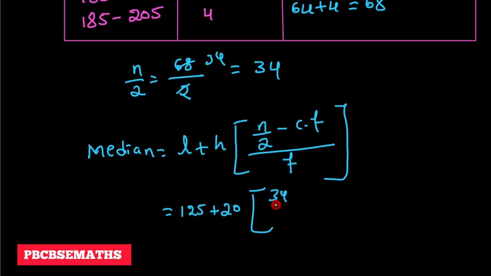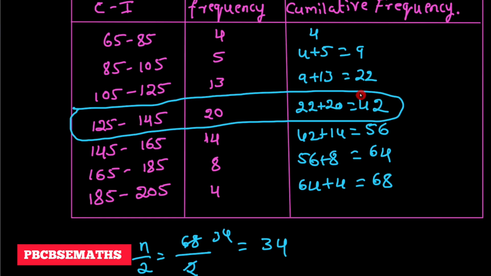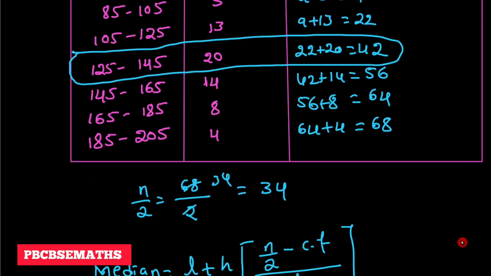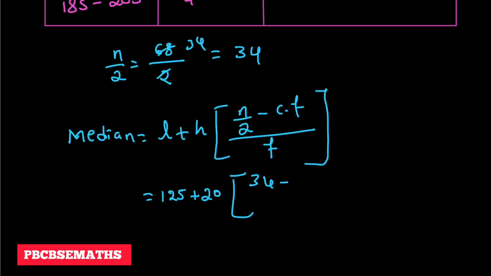Let's write that 34 minus cumulative frequency, which means the frequency preceding this median class, which is 22. So let's write that 22. Then frequency is the frequency of that median class, which is 20. So let's write those two also. So this is 22 and this is 20.